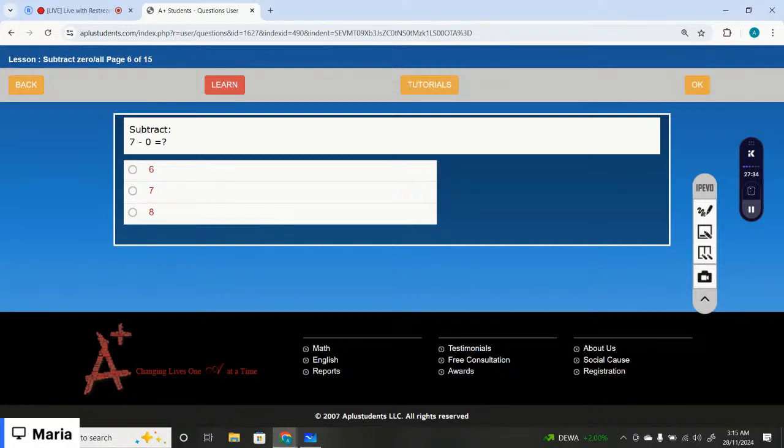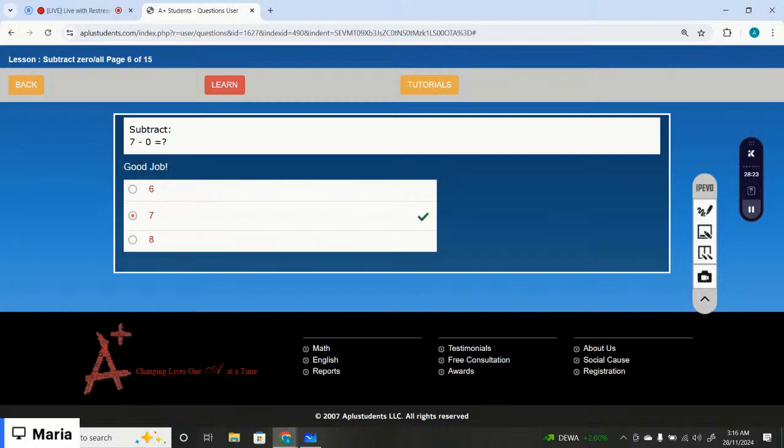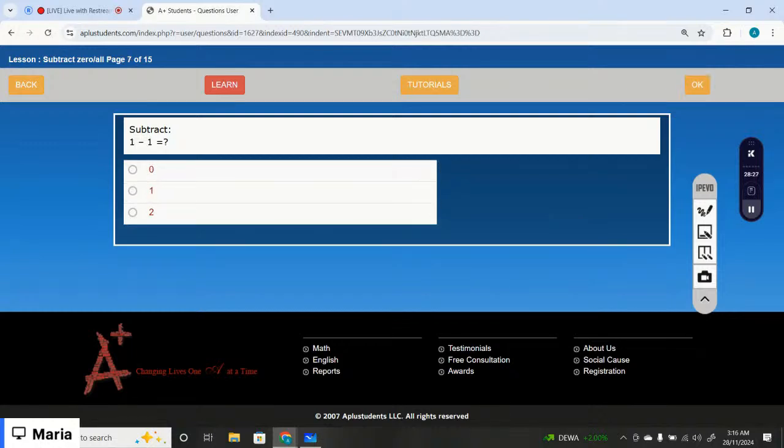So subtracting 0 from any number, the number stays the same. That is 7. 7 take away 0 is 7. 1 take away 1 is 0.